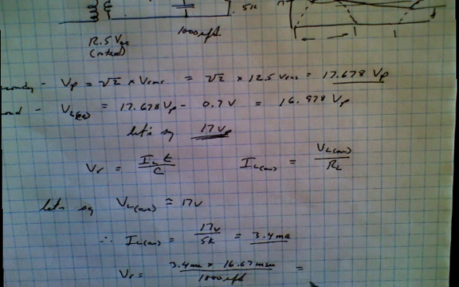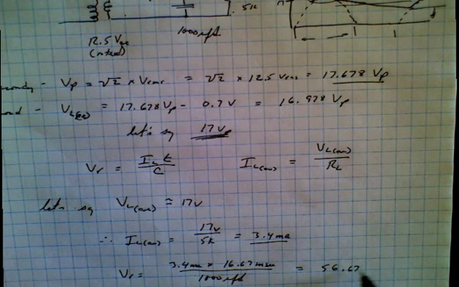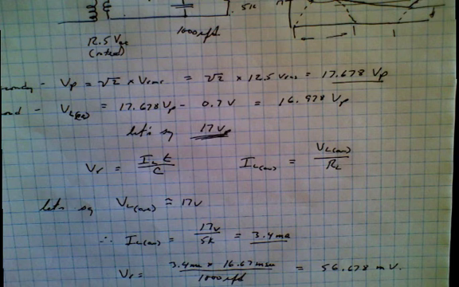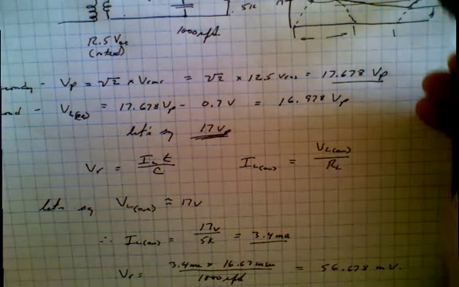We worked that all out, and that turns out to be 56.678 millivolts. So that's the ripple voltage. That's peak to peak. That's the size of this here.